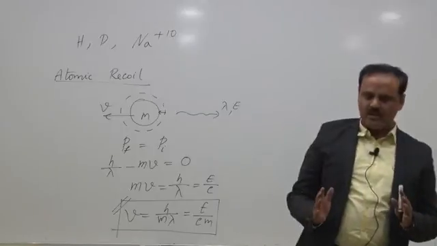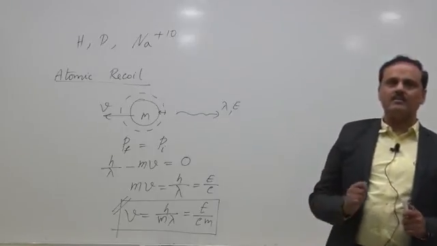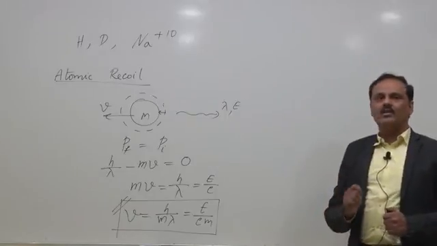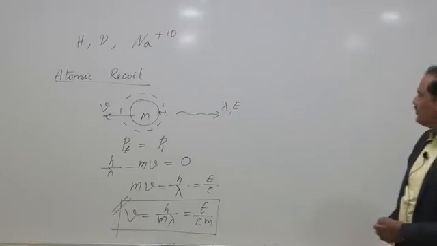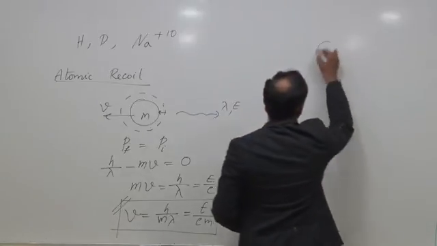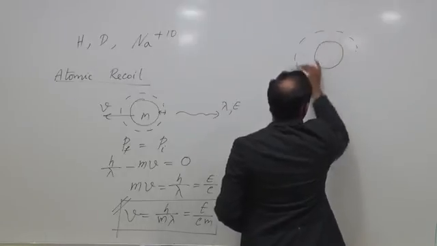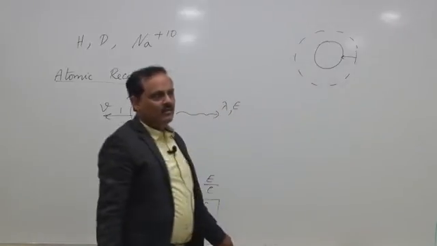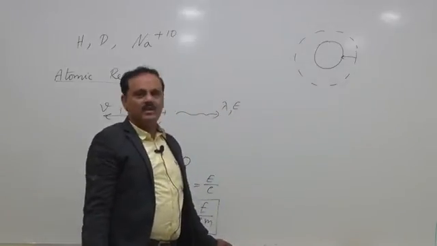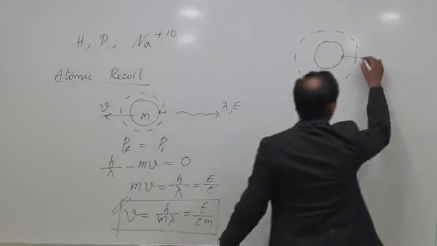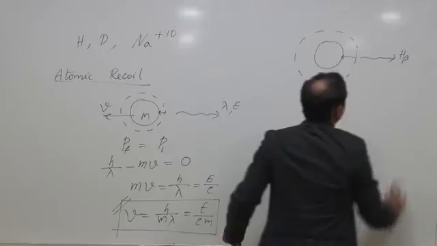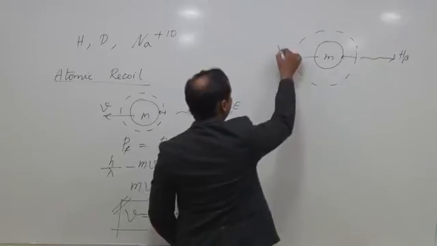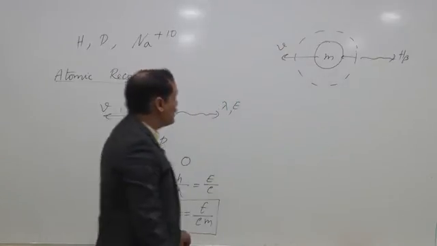So what happens? An excited hydrogen atom is emitting a blue photon. A blue photon is emitted when the transition is from 4 to 2, that is the H beta line. So an H beta photon is emitted, and the atom experiences a back thrust, because of which it gets a recoil speed.